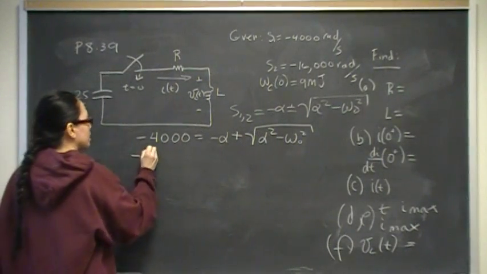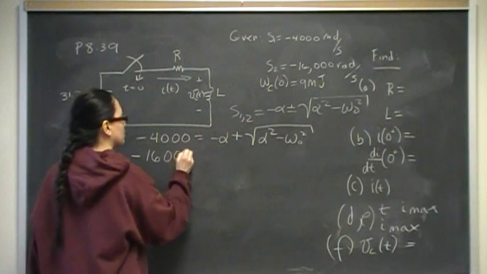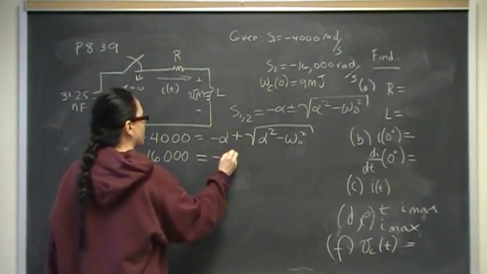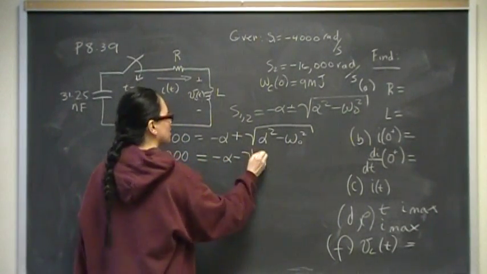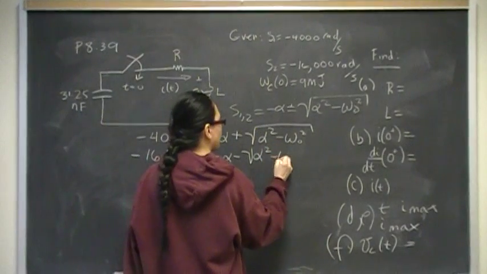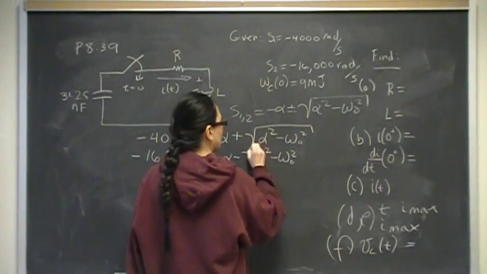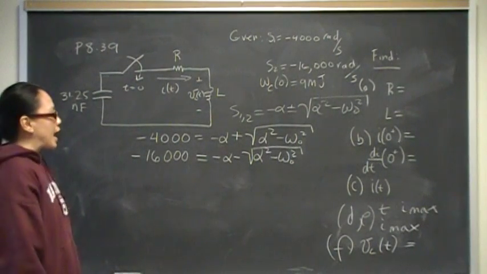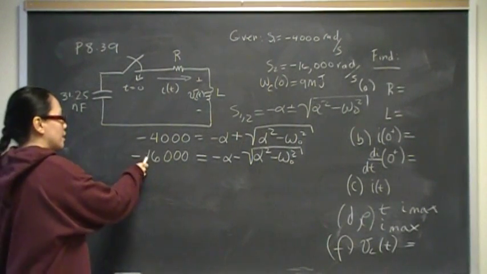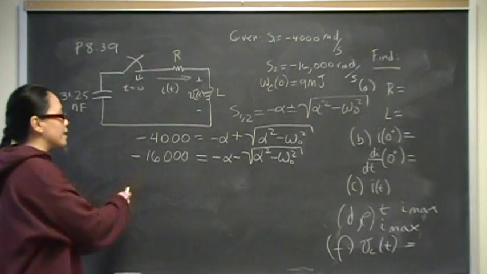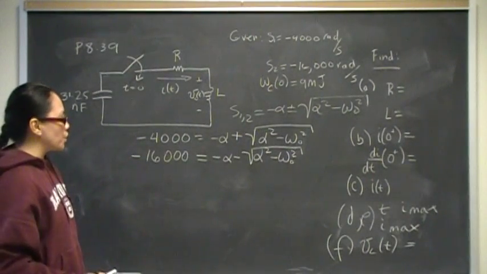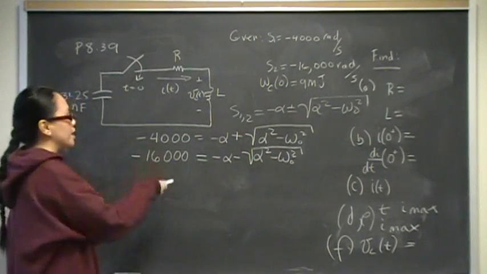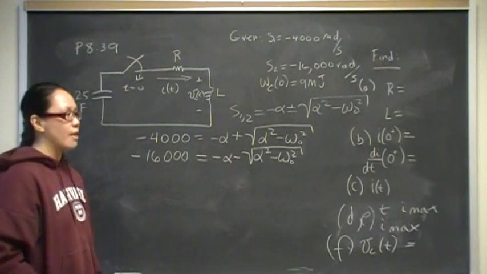S2 is negative 16,000, and that's equal to negative alpha minus the square root of alpha squared minus omega naught squared. So you might be wondering, how did I know that negative 16,000 was S2 and went with a minus sign, because they didn't tell us or specify that?